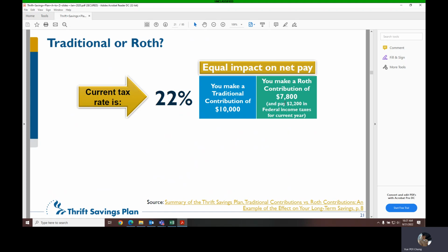So for example, if we have 10 grand at the end of our TSP, at 60, when I draw, I'm going to see some 1,800. But at 60, if my tax bracket is higher than 22% now, I'm going to lose a lot more than if I pay taxes today. So it's really up to you if you want to take that chance to do a Roth contribution where they take your tax today versus traditional where they take it later.